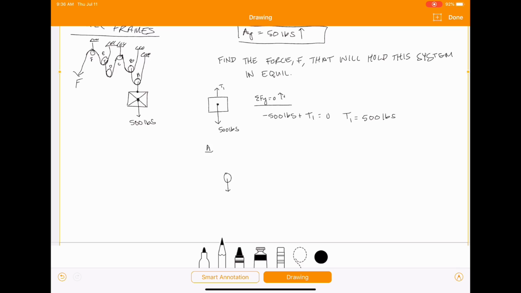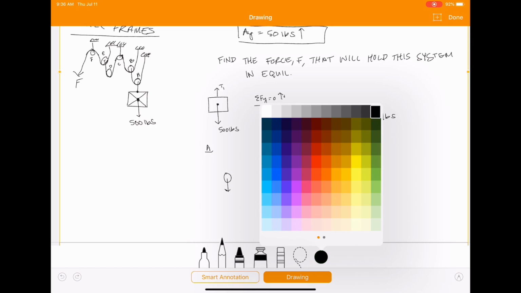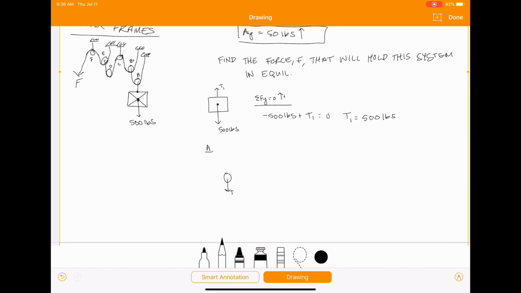And if you can't visualize that, when you go from component to component, these forces are going to be equal in magnitude but opposite in direction. So we found that this one up here is going up, so this one needs to be going down on this component. So we know that this is T1.